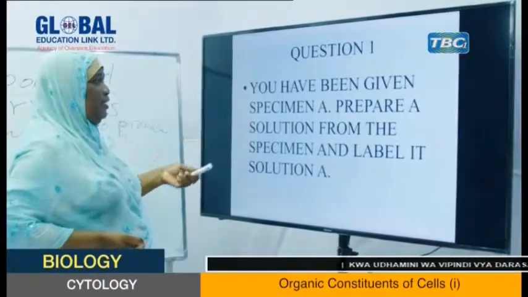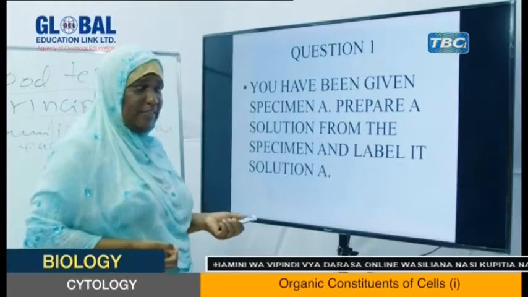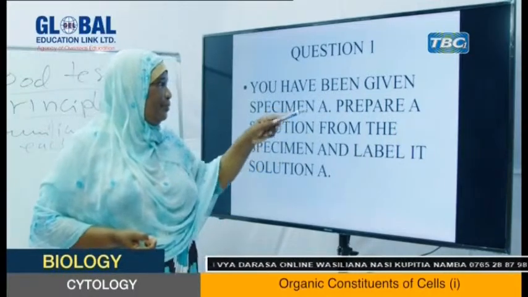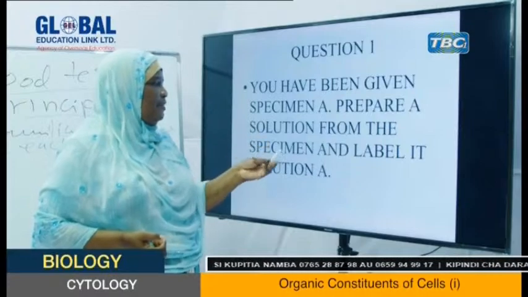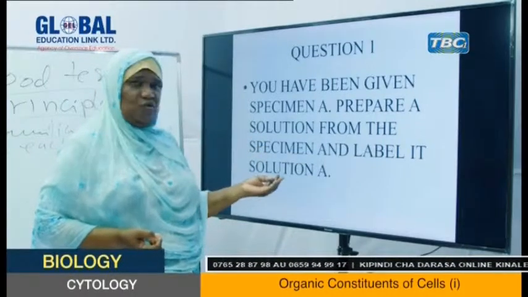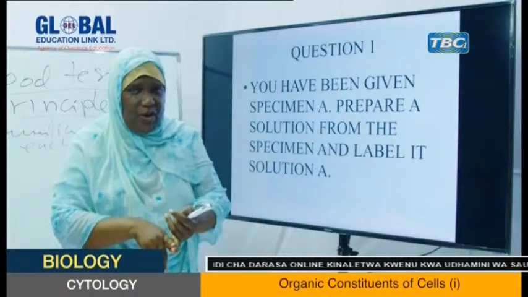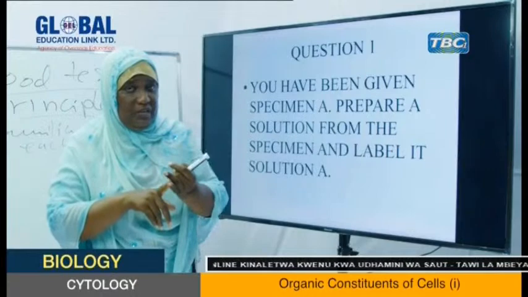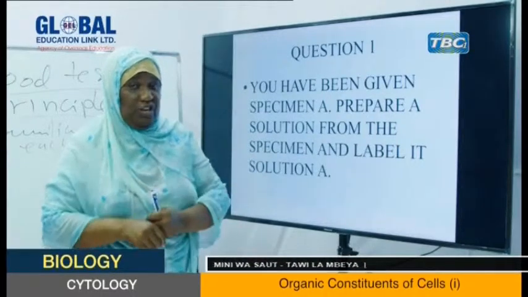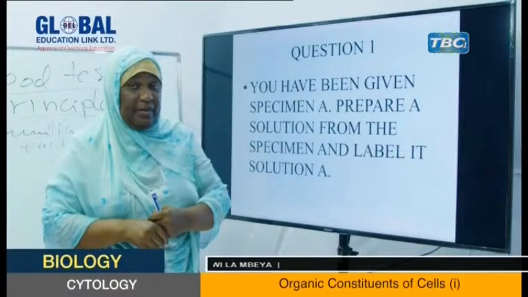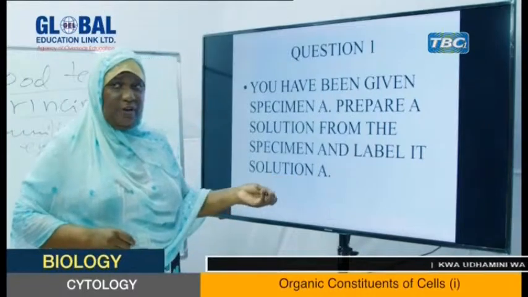You have been given specimen A. Prepare a solution from the specimen and label it solution A. You are required to prepare a solution, and after preparing it, label it solution A. Clear?